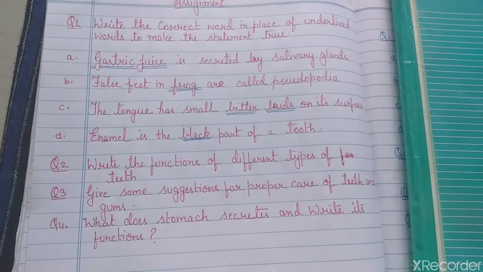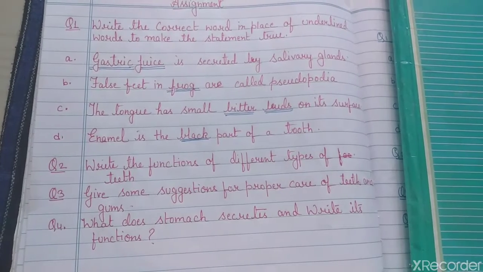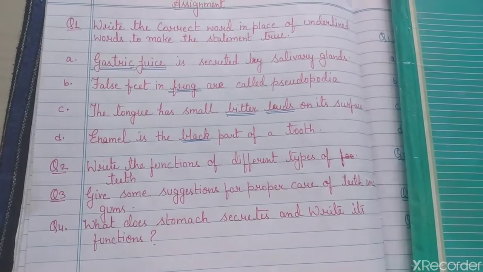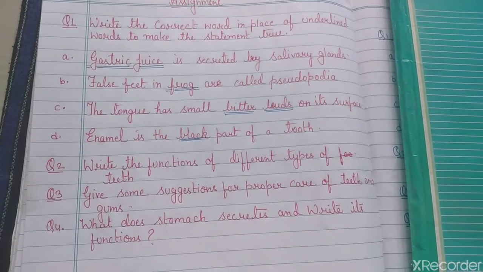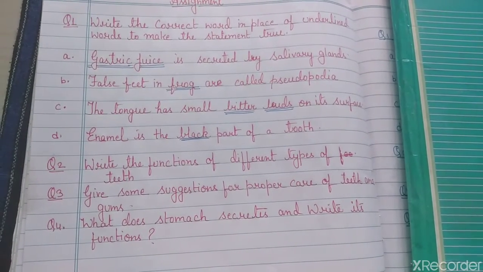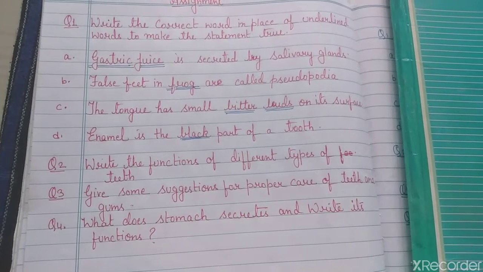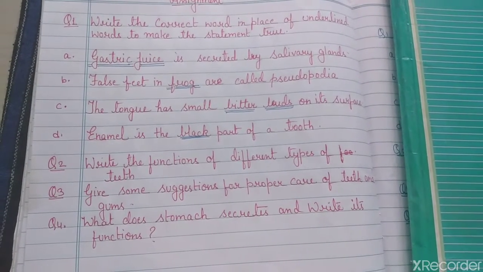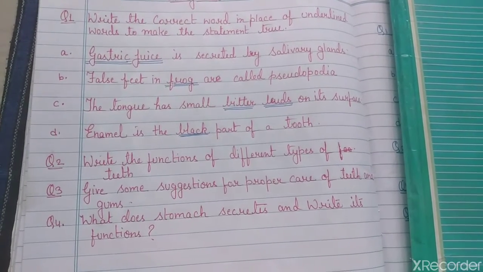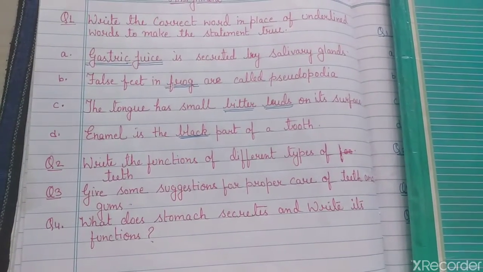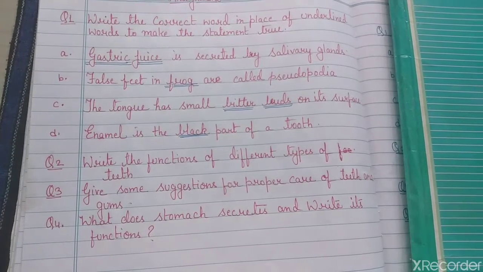What we have written in nutrition in amoeba, from there you can read out and get the answer. The tongue has small bitter buds on its surface. You know that the tongue has different types of buds on its surface, and you can taste the food you are taking. So put here the right answer.